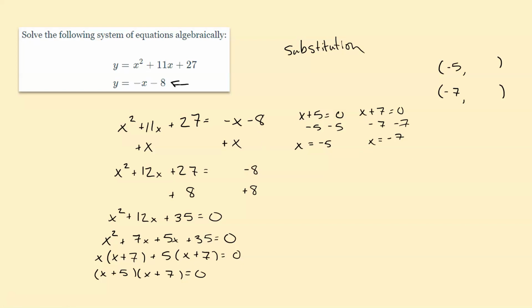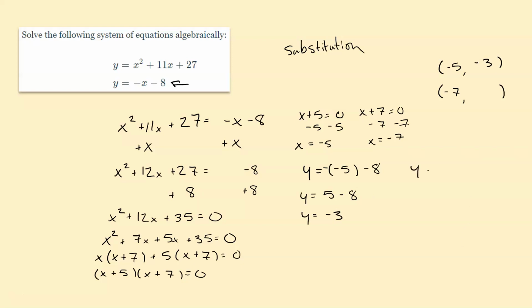So I'm going to plug into this equation just because the math is a little simpler here, less room for error. So I'm going to say y equals minus, and then I'm going to plug in my -5. So minus a -5 is the same thing as +5. So then I have 5 minus 8. So that would be -3.